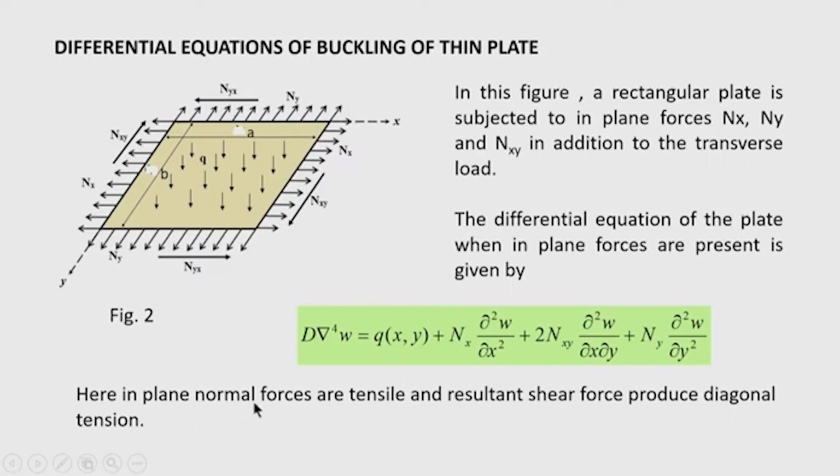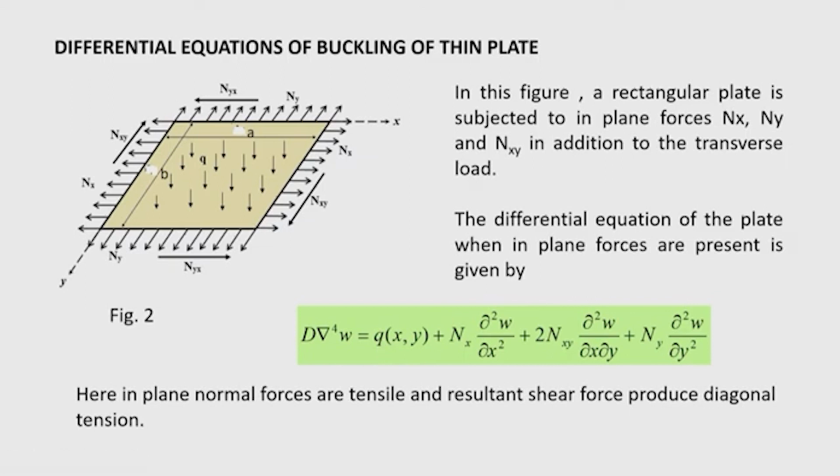Now, here in-plane normal forces are tensile, therefore, we get this equation, and resultant shear force produces diagonal tension. But in case of buckling, compression has to be there. So, therefore, we reverse the sign of in-plane forces and we get the equation of buckling provided the transverse load is taken as 0.